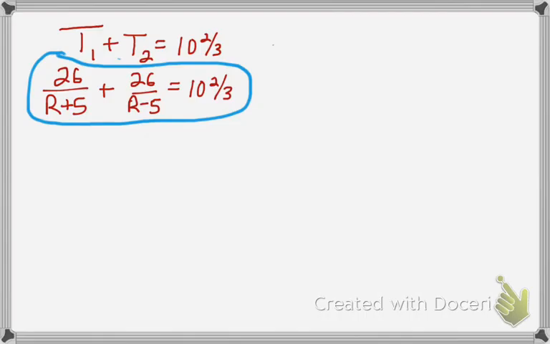Here we go. So we have this rational equation. We have variables in the denominators. So to solve, we multiply each fraction. This will be a good review of what we were doing earlier in the lesson. We're going to multiply each fraction by the lowest common denominator. The lowest common denominator would be an R plus 5 and an R minus 5.